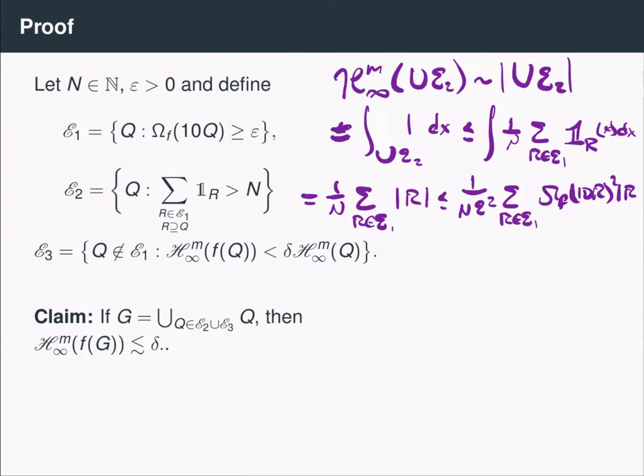Now notice that this sum is at most the same sum if we just sum over all dyadic cubes contained in Q naught, right?